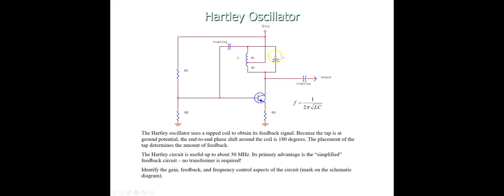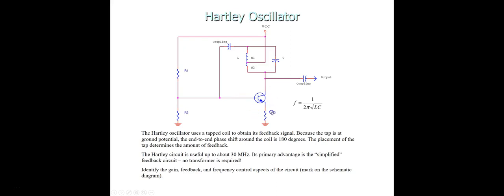This capacitor will be open circuited, and this inductor will be short circuited. So the full power supply voltage will appear across this collector, and then we have power coming from here.